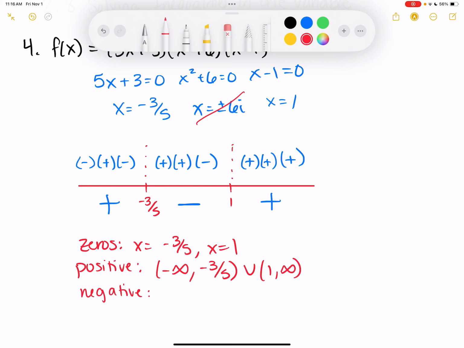Number 6, f of x equals (x plus 2) cubed, (4x squared plus 1), and (x minus 9) to the 4th. Obviously, all that's being multiplied. So when I set this thing equal to 0, I'm going to get that x equals negative 2.